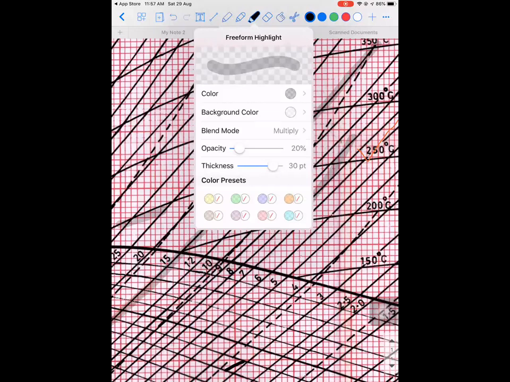Sir, this is the constant temperature line, and this one is 15 bar, and this one is 250 degrees centigrade. These are the things we are able to see: 250 and 15.